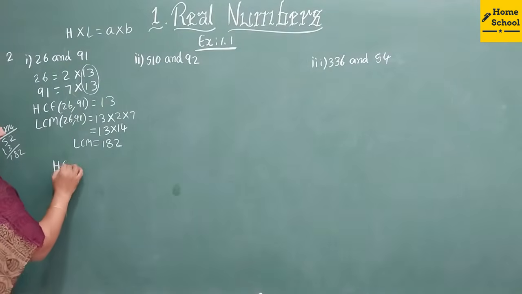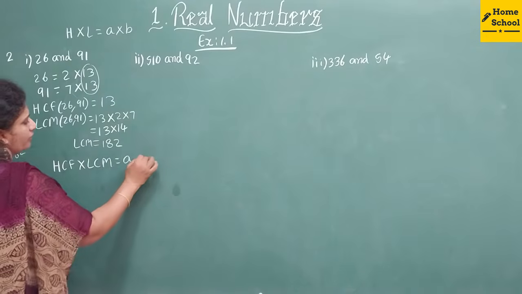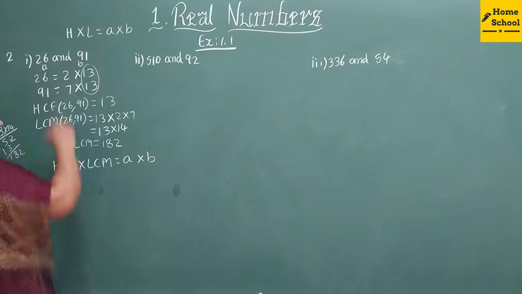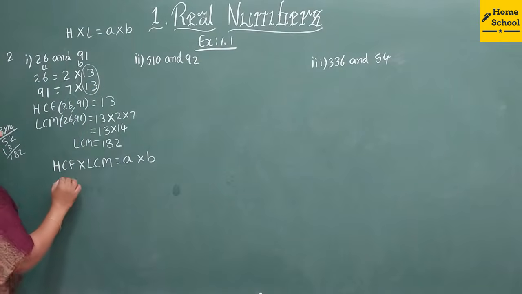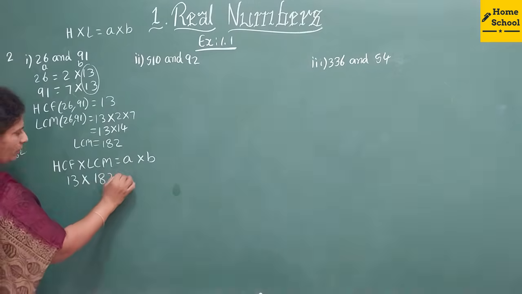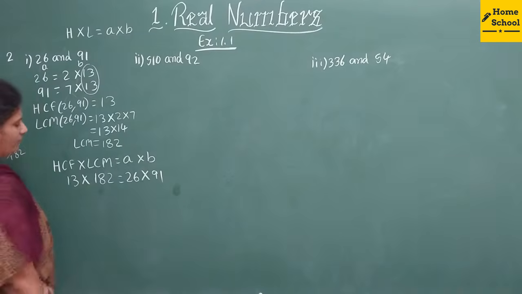That is, HCF into LCM is equal to the product of the two numbers. Let A be 26 and B be 91. HCF is 13 into LCM 182, and what are the two numbers? 26 into 91.